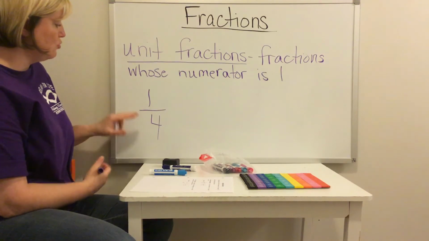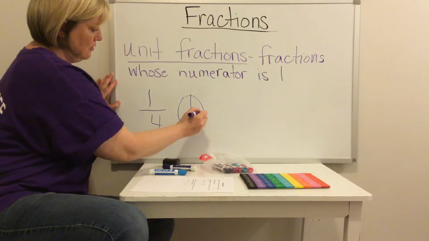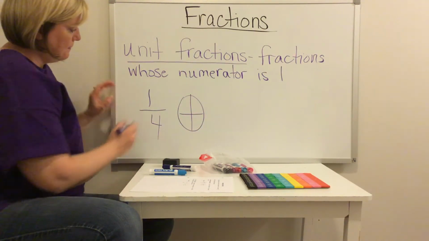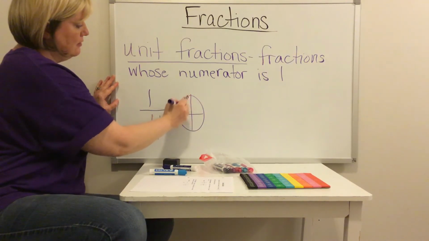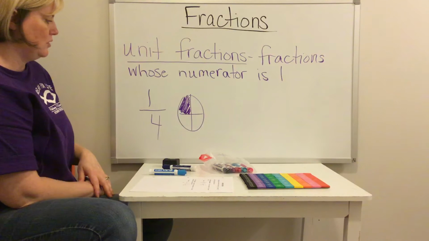My numerator is 1. Now, that could be, you have a circle divided into 4 total pieces, and then 1 piece is shaded in, okay, 1/4.